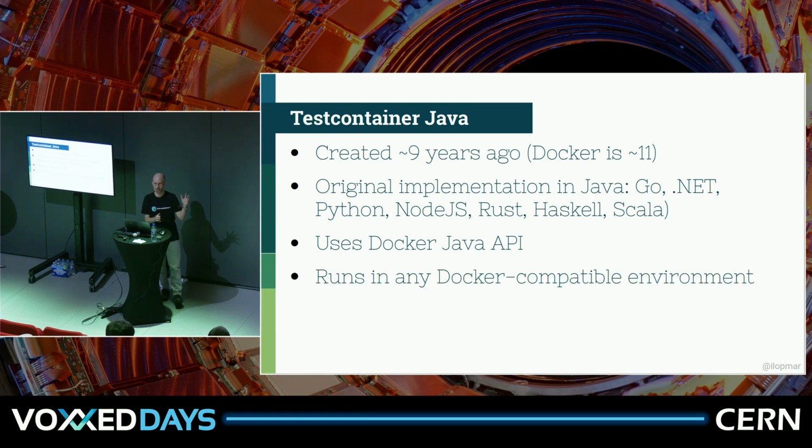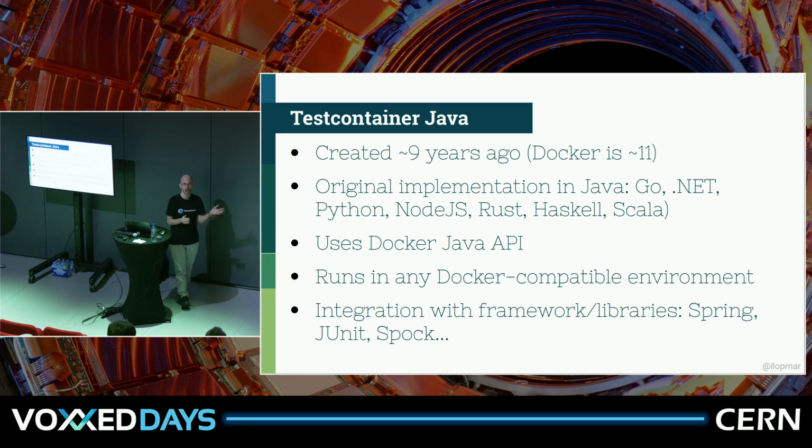And it runs in any Docker-compatible environment. So if you don't have Docker, but you use, I don't know, Podman or any other thing like that, it will work. Maybe not in all cases, because there are some differences, but probably for 95% of the use cases, it will work with another implementation.